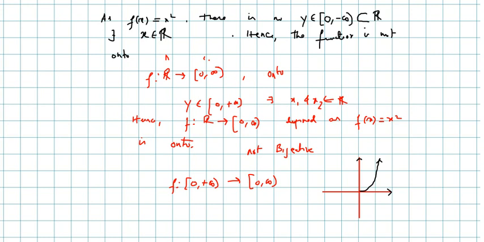If I draw a straight line, it is 1-1, it passes the test, correct, and it is onto also, because for every value of y there is an x from the domain. Hence, this function is bijective. I leave it for you to prove it is 1-1 and onto, and this is bijective. Clear? I hope you have understood it.